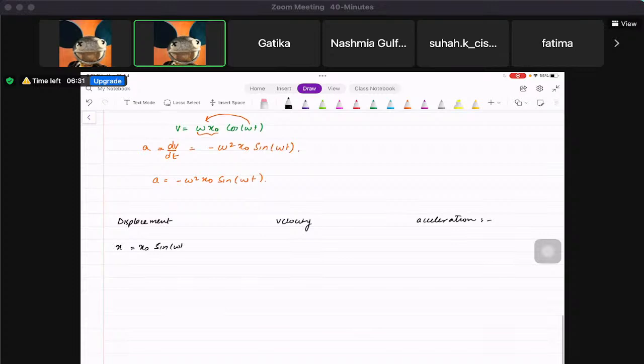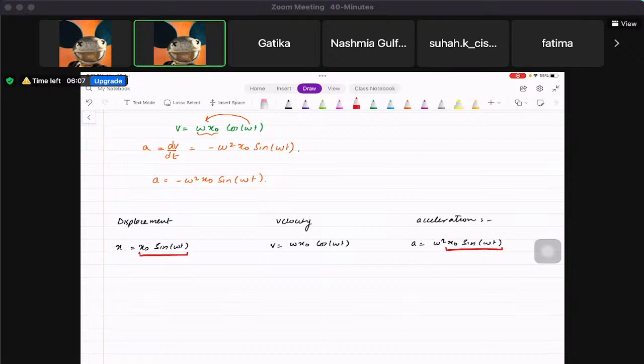Its velocity was v equals omega x naught cos omega t, and acceleration was minus omega squared x naught sine omega t. Now you might see something very important here. If you look at it, this whole section is the same. Sorry, there is a minus sign as well.